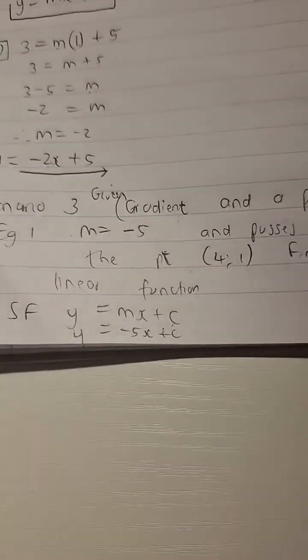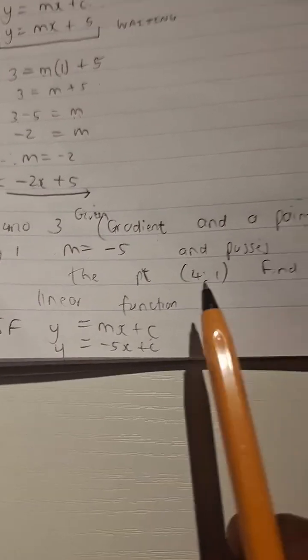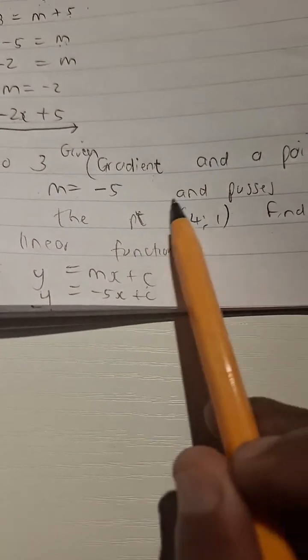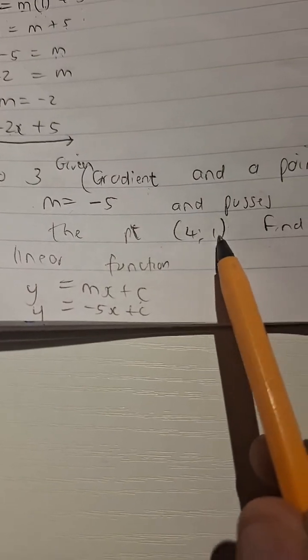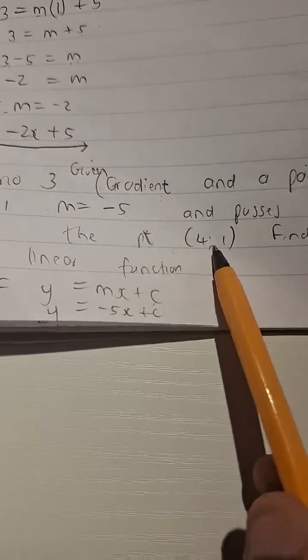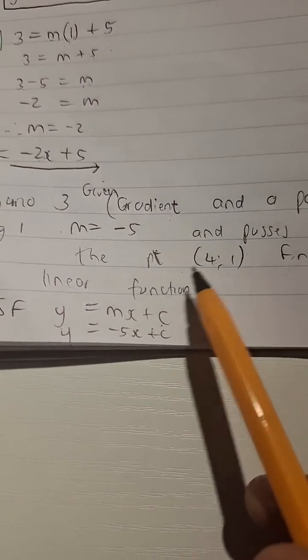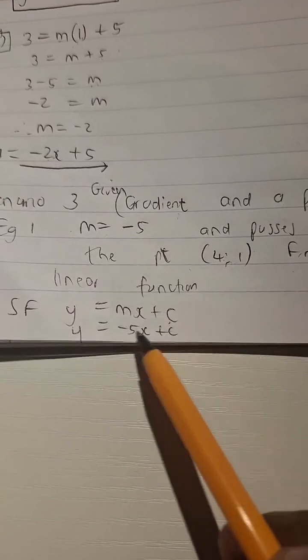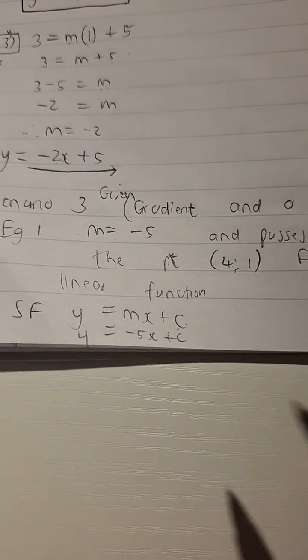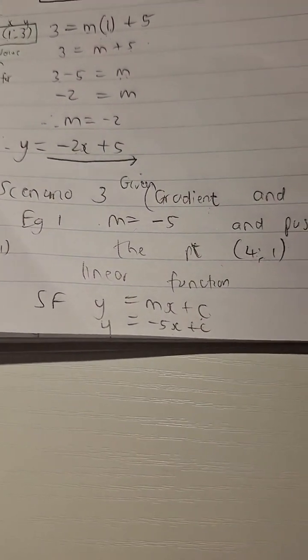How? I'm going to find the value of C by substituting the point 4 and 1, which is a point that lies on the line. I can always substitute the point that lies on this particular line to find an unknown variable like C, which I want to find. So let's go and find the value of C by substituting the point.